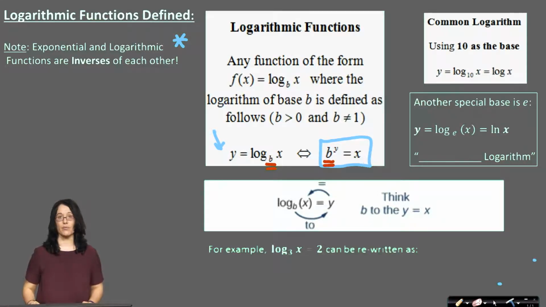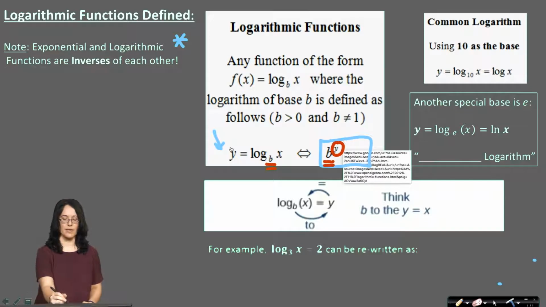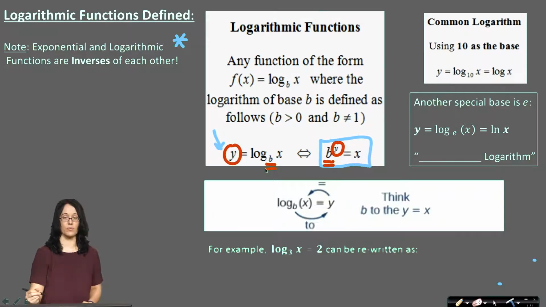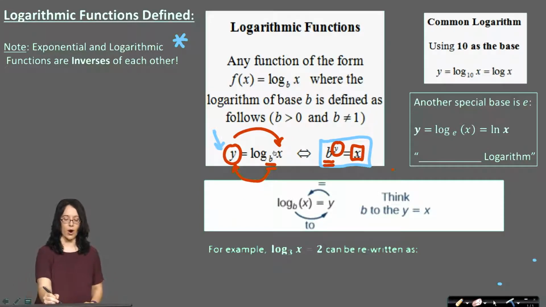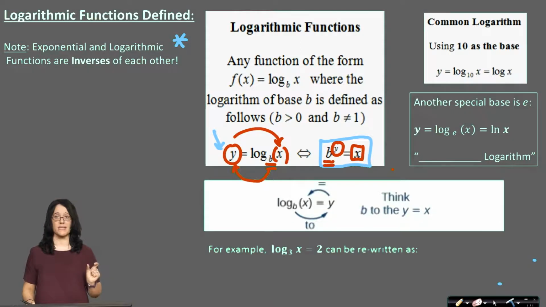So we have logarithm base b, and then what we notice is that the way we go back and forth from exponential to logarithmic is whatever the exponent was, that's going to go on the other side of the equal sign here. So this will be read b to the y equals x. So the x that we had here, the non-exponential part, that is our argument of our logarithm. So the way you read the logarithm is y equals log base b of x.